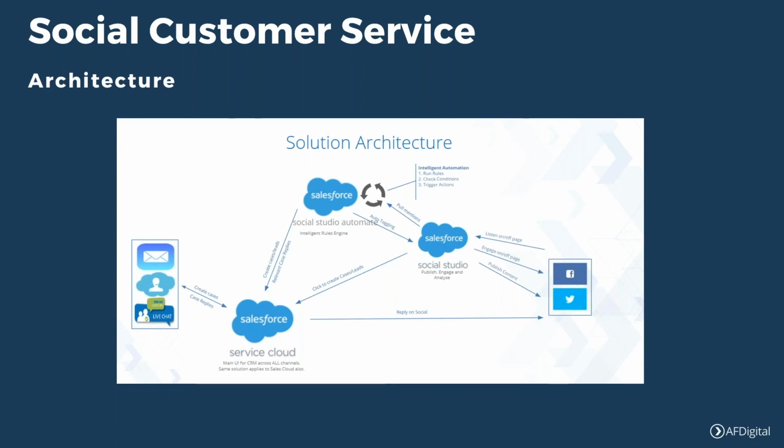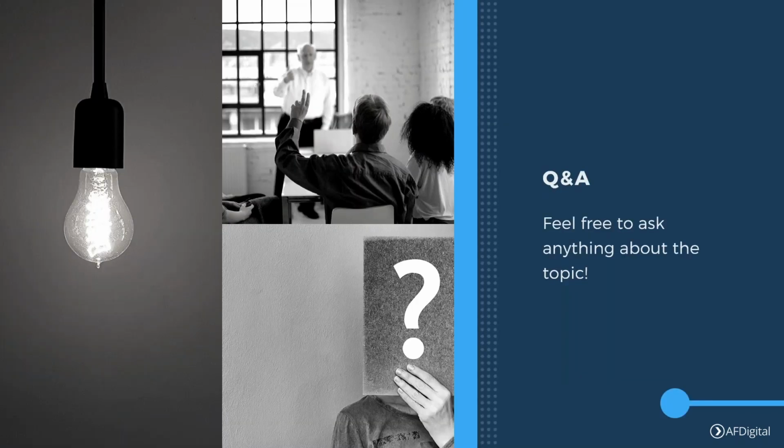Basically, you're offering social media as another customer service channel that your customer can reach you on, alongside the other channels such as email, web, and live chat. So this is what social customer service is all about. It's a combination of multiple Salesforce products in order for you to provide a richer customer service experience. And I think that's the rest of the discussion for today's webinar.